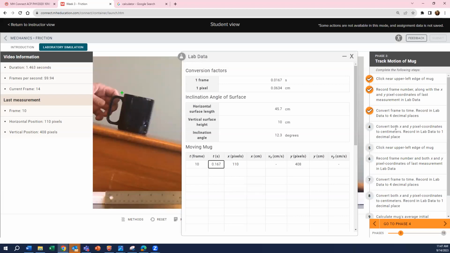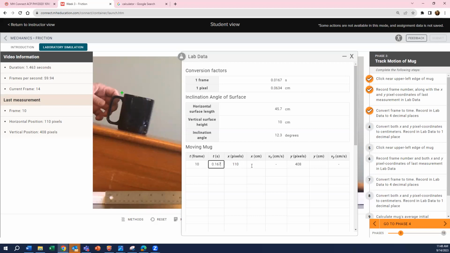Now it says convert both the X and Y pixel coordinates to centimeters and record in lab data to 1 decimal place. We have X in pixels and we have the conversion factor of 1 pixel to centimeters.